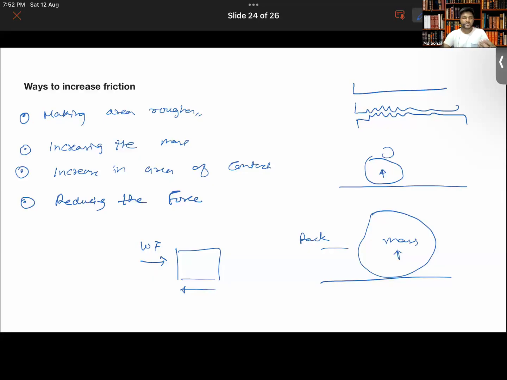So in the chapter, we have discussed several things. We have talked about different types of friction, like static friction, sliding friction, rolling friction, then fluid friction. Okay. You guys tell me, what was the SI unit in which frictional force is measured?